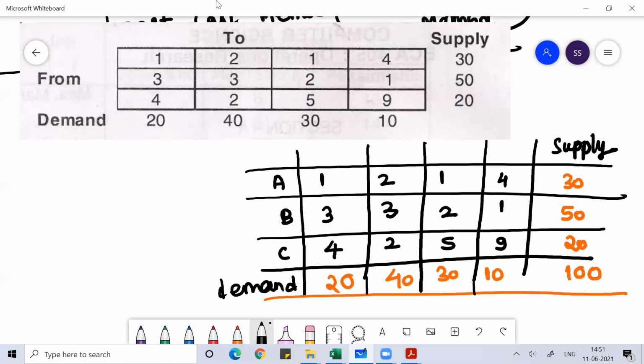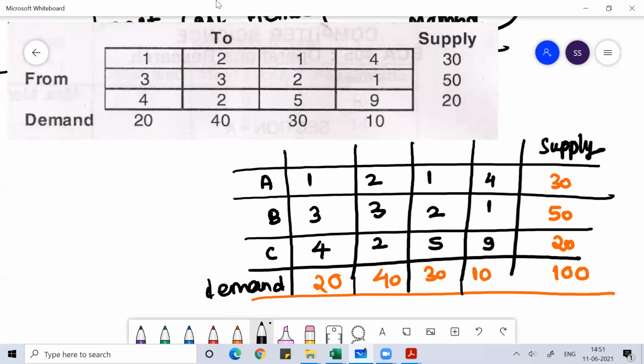I need to solve this problem by the matrix minima method, which we also call the least cost method.